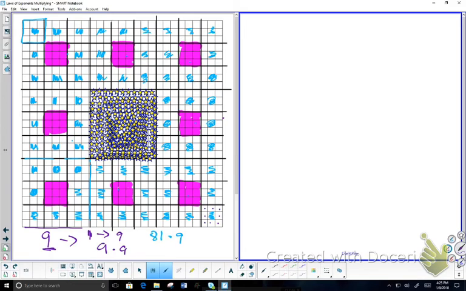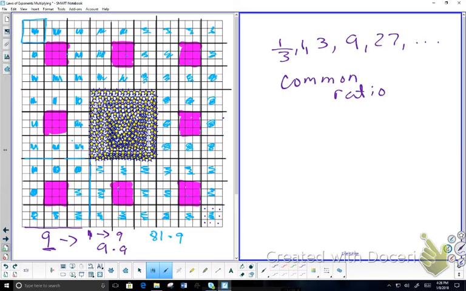So let's see if I can give you an example and see how you do. Let's say I gave you this sequence. Can you figure out what the common ratio is? Oh, I made a mistake there. My bad. There should be a 1 in there. There we go.